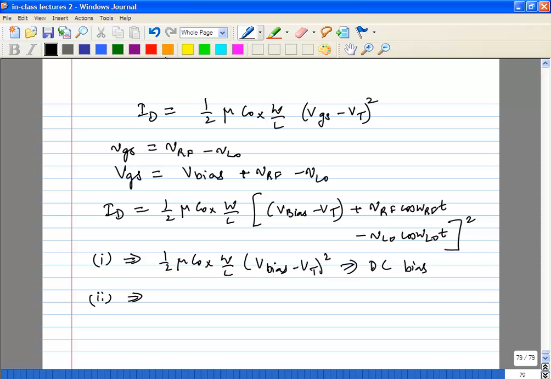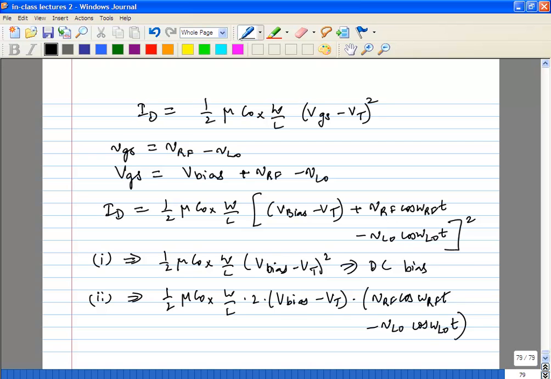The second one we'll choose. So what we'll do is we'll assume that this is one term and V bias minus VT is the second term. So the other one will be 2 times V bias minus VT times, okay, this is the 2AB term.